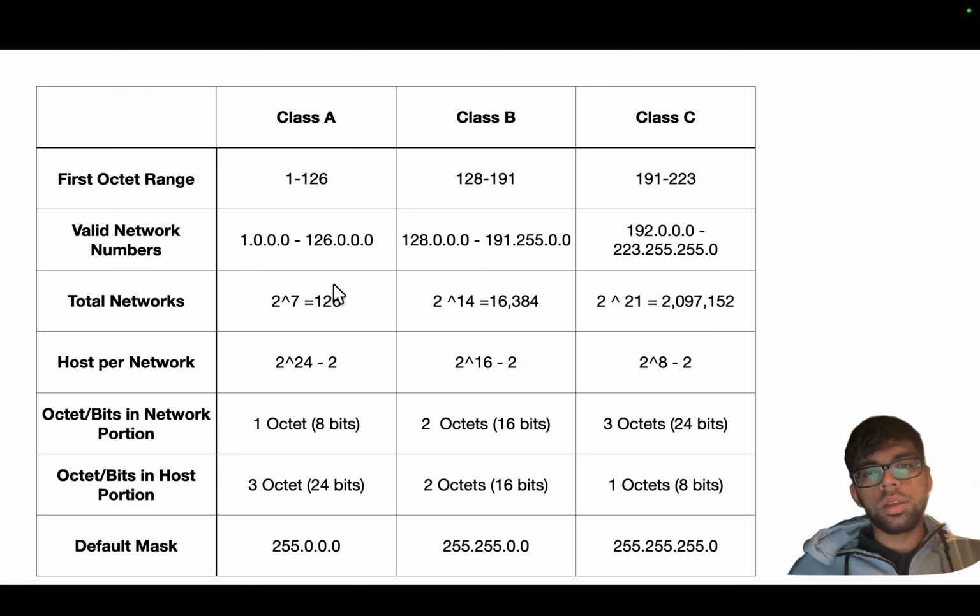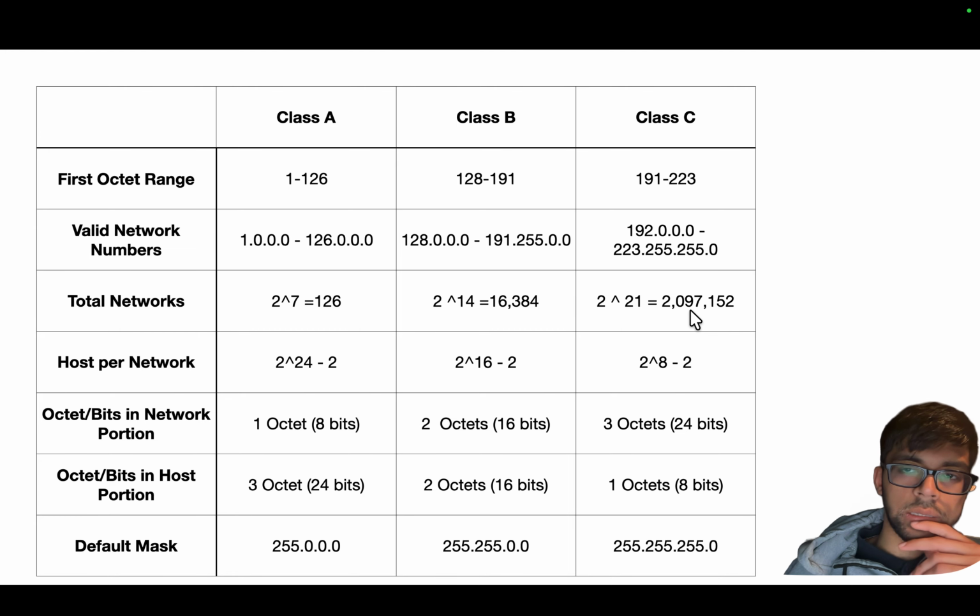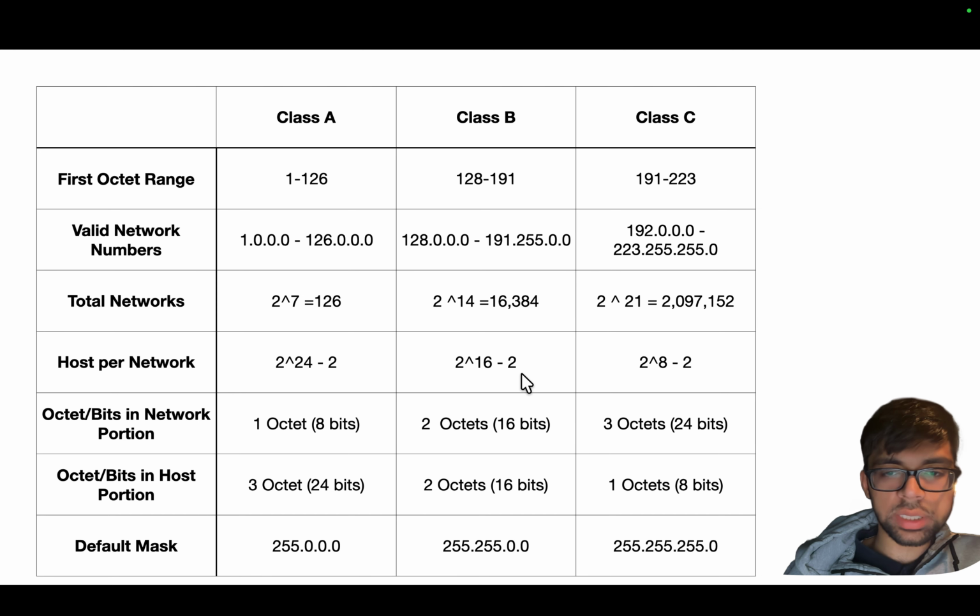So we've got a total of 126 networks, 16,384 networks, and then over 2 million networks with class C here. Now, hosts: 2 to the power of 24 minus 2, 2 to the power of 16 minus 2, 2 to the power of 8 minus 2.